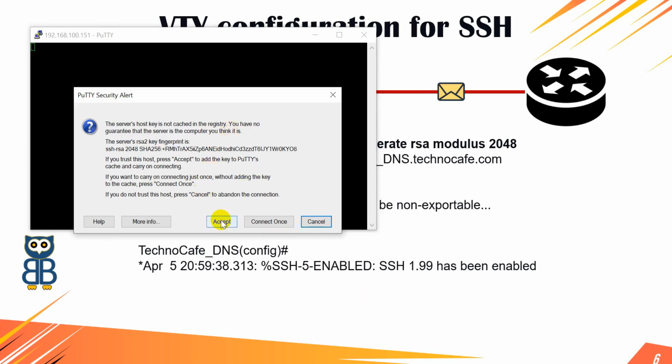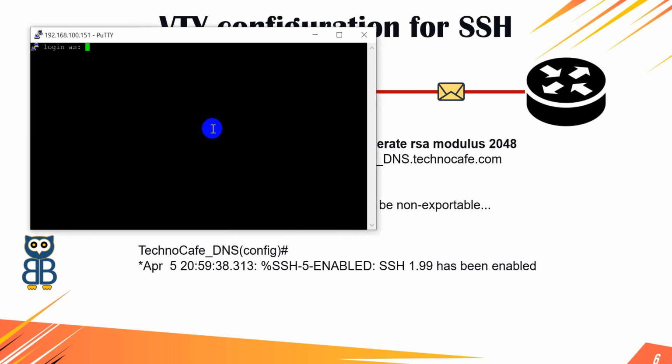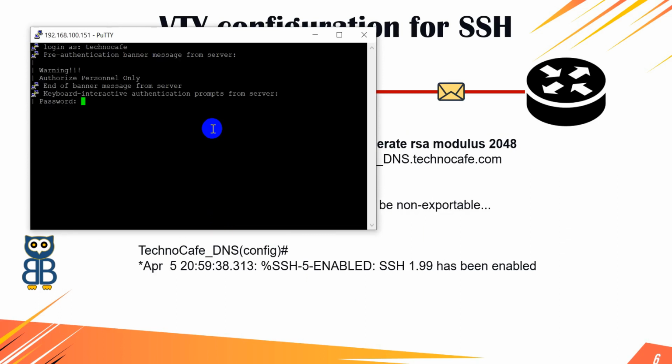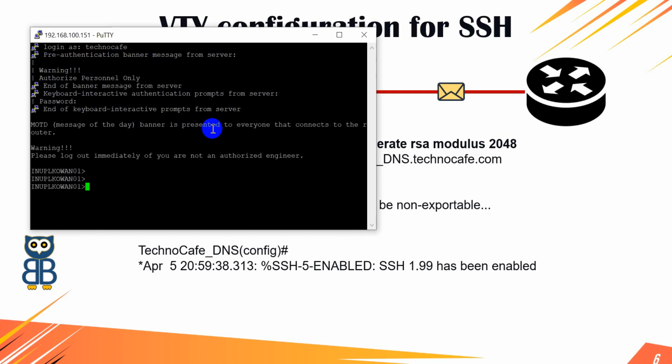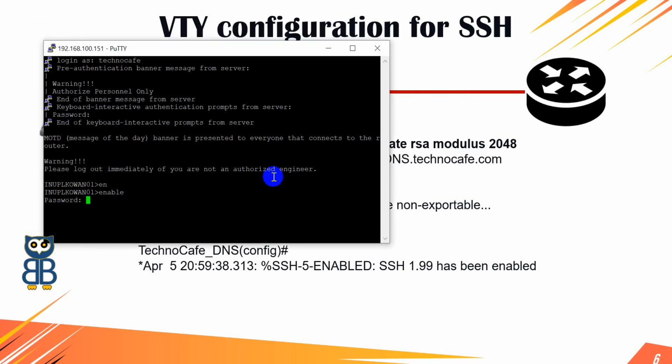We need to accept the security alert. The username is Techno Cafe and the password is Techno Cafe. Yes, I am successfully logged in on the router. Now let's execute the enable command, and then the password is technocafe@123.